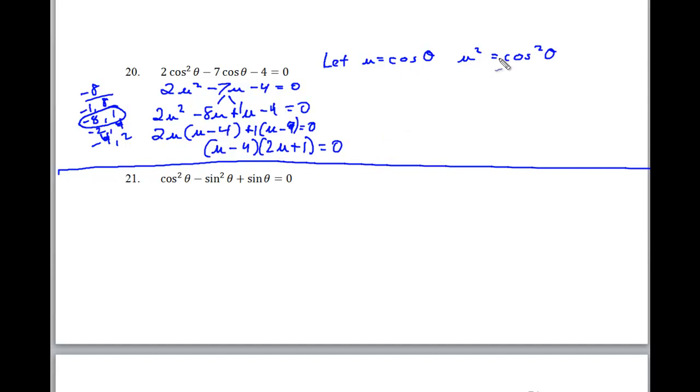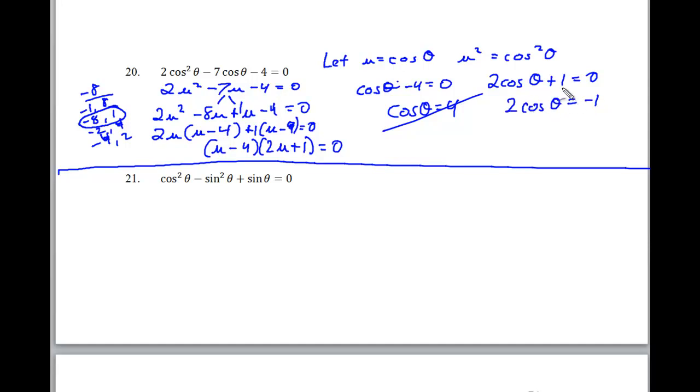Now I'm going to plug cosine into u. So now I have either the equation cosine theta minus 4 equals 0, or 2 cosine theta plus 1 equals 0. If I move the 4 to the other side, cosine theta equals 4. No, that's an extraneous solution. It isn't going to be part of our answer set. And over here, I'm going to have 2 cosine theta is equal to negative 1.